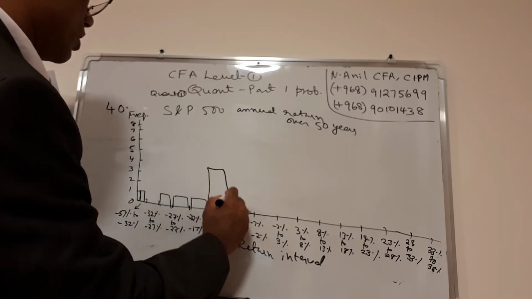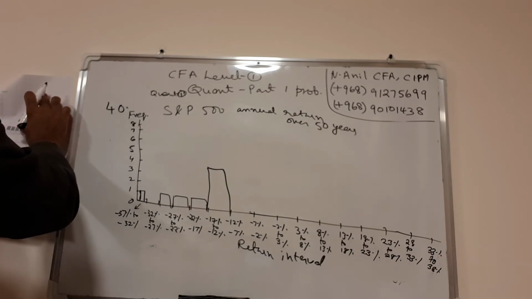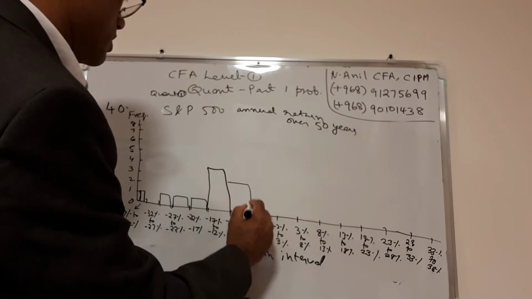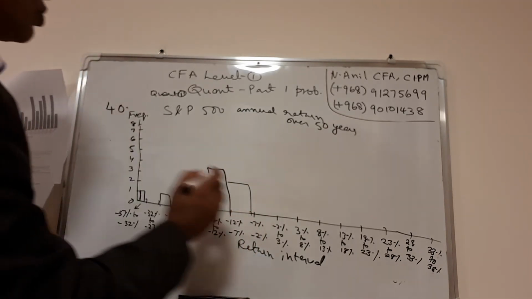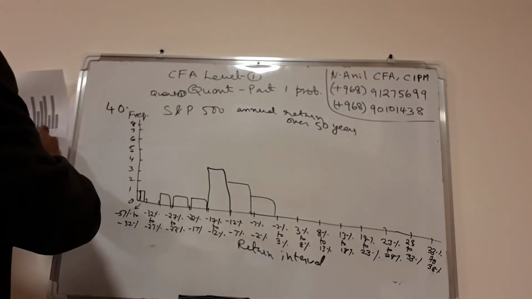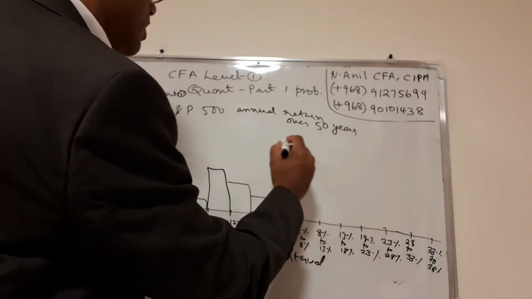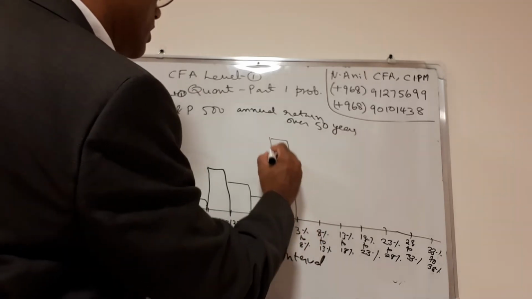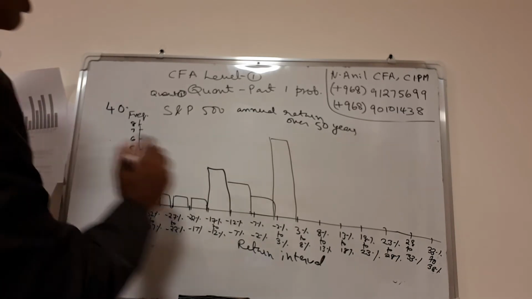After that it is 3. And then it is 2. That is the frequency. Then there is 7, a high frequency, 7. Then there is 4.